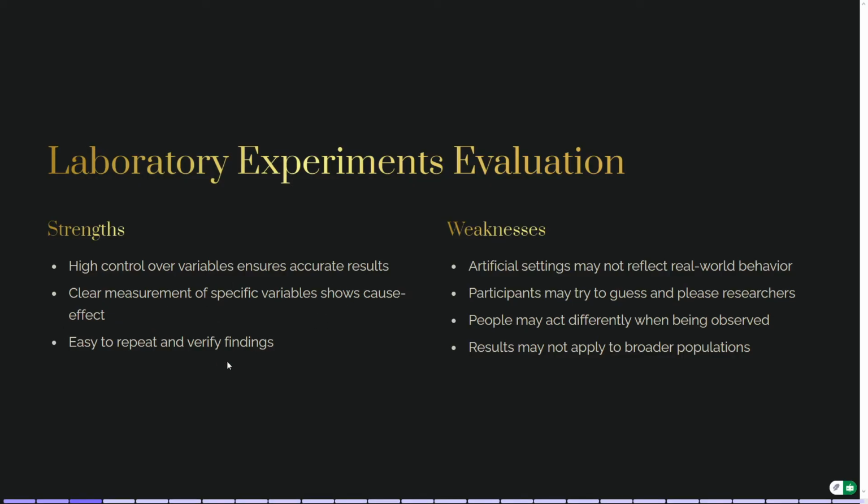Okay, easy to repeat and verify findings because you did this in a particular environment, you used a particular measurement, everything is controlled. So the data can easily be collected and another person can replicate what you have done. It's quite difficult to say someone slept in his room and then you want to see the effect of that on the person's behavior the next day.